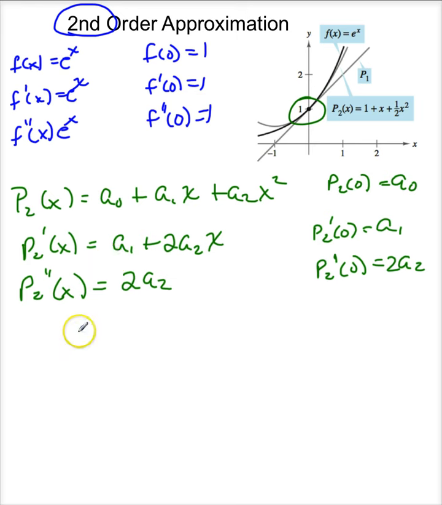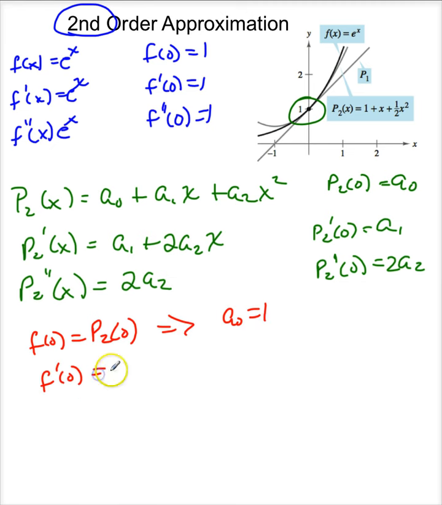So now I'm going to come down here. I need them to agree at the point, so I need f of 0 to equal P2 of 0. And this tells me that a0 is 1. I need f prime of 0 to equal P2 prime at 0. And this tells me that a1 is also equal to 1.